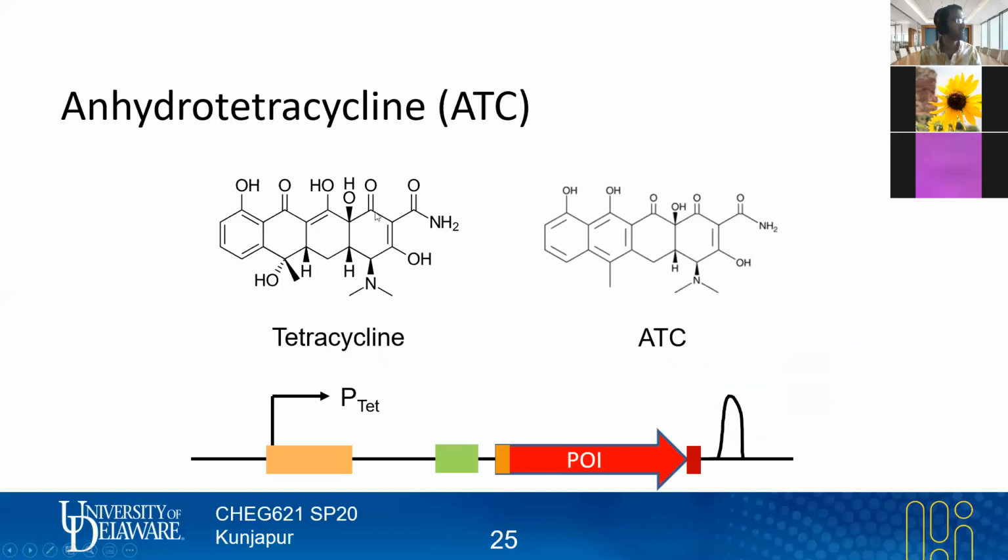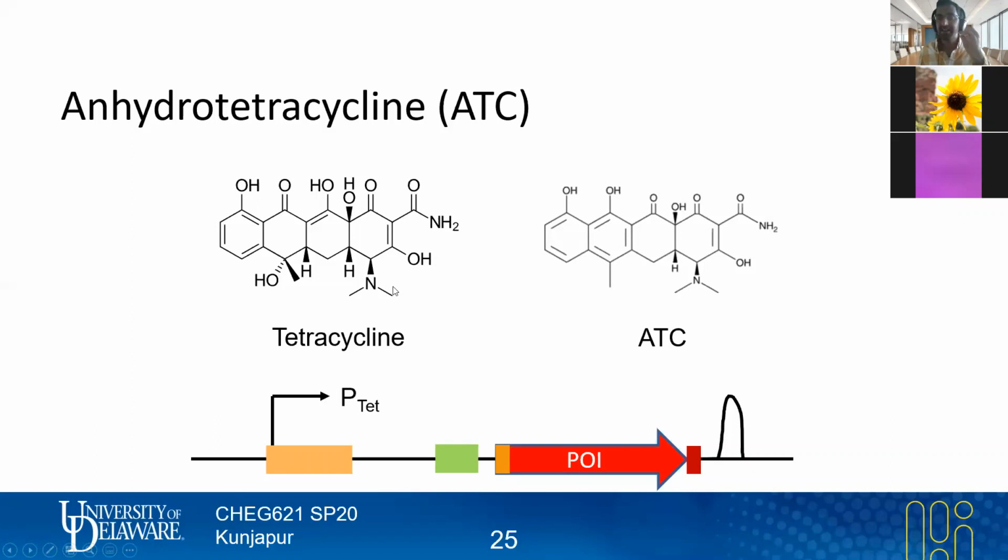Another inducer has to do with what was an antibiotic, tetracycline. It still is an antibiotic, but tetracycline is interesting because in synthetic biology parlance, you have two different kinds of TET bars. You have a TET repressor, and then you also have a tetracycline resistance marker, which is basically what drug-resistant bacteria evolved to break down tetracycline.